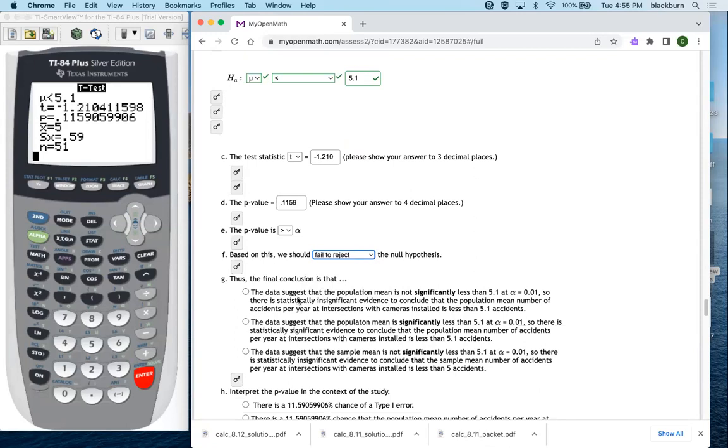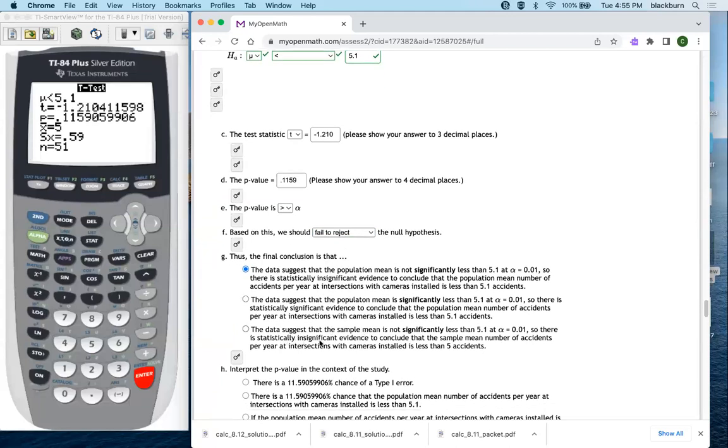Let's see, the first one. Data suggests the population mean is not significantly less than 5.1 at alpha equal to 0.01. So there's statistically insignificant evidence to conclude that the population mean number of accidents per year is less than 5.1. That sounds right. Let's see how it differs from the last one. The data suggests the sample mean is not significantly less than 5.1 at 0.01.